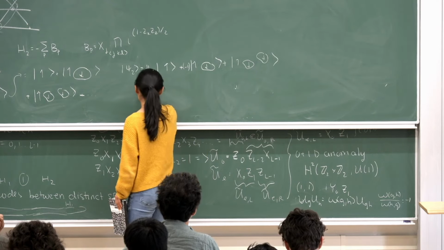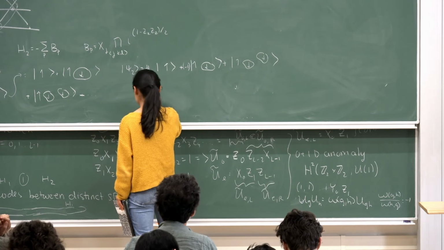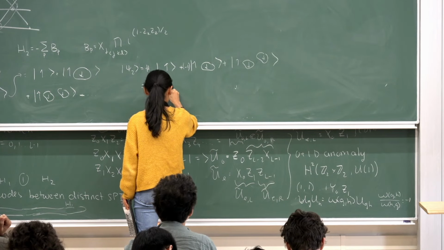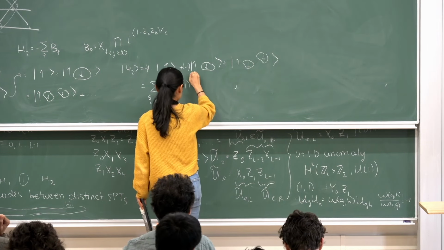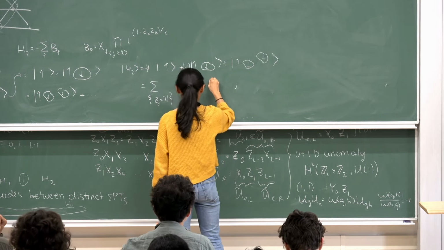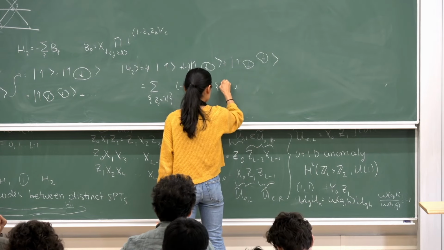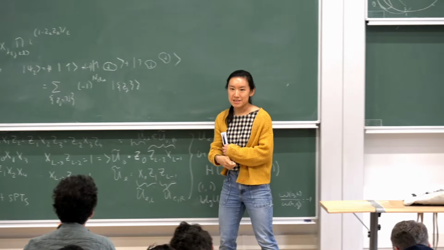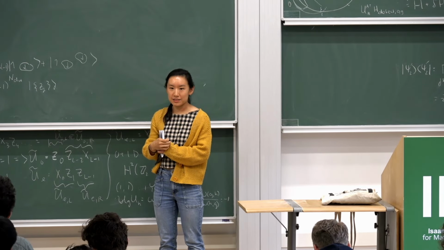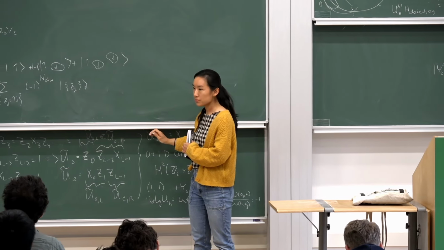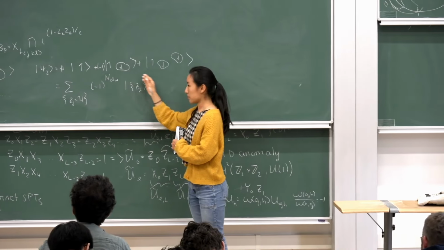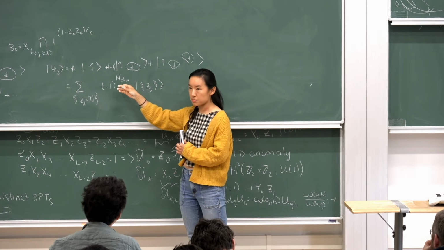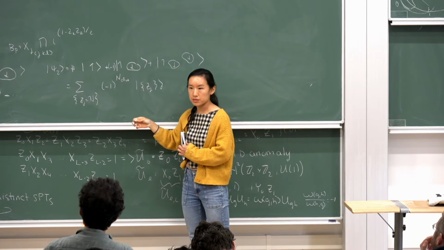So this is a sum over domain wall configurations, but with a negative fugacity. With each of these domain wall configurations in the sigma z basis, there's a minus sign if there's an odd number of domain walls, and a plus sign if there are an even number of domain walls.